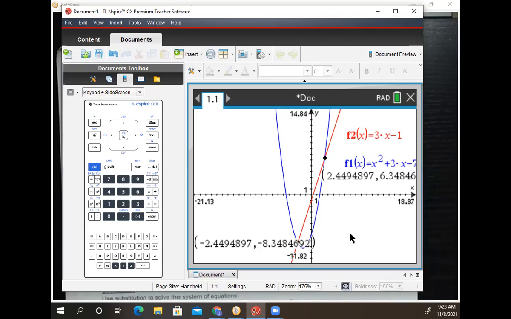Where this is going to be a little bit different is I'm going to give the entire ordered pair. We're talking about a system of equations, just like in Algebra 1, when we solved a system of equations, my solution was the entire ordered pair. That's the same thing here. If I'm solving a quadratic equation, that's only the x value.